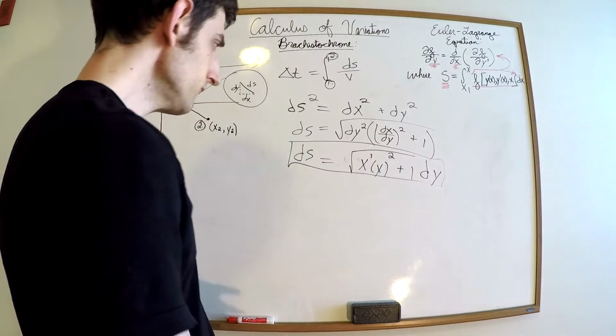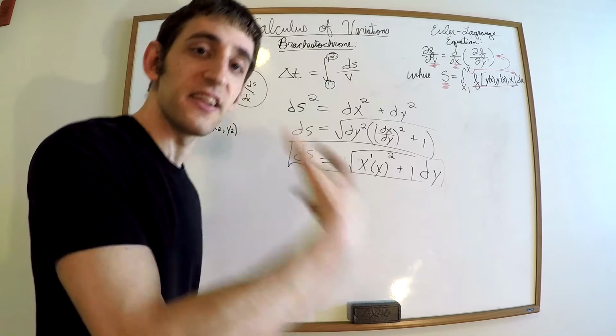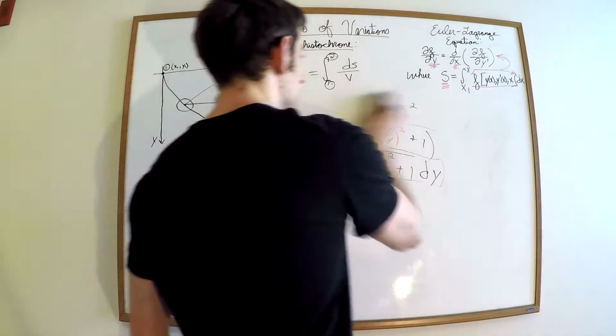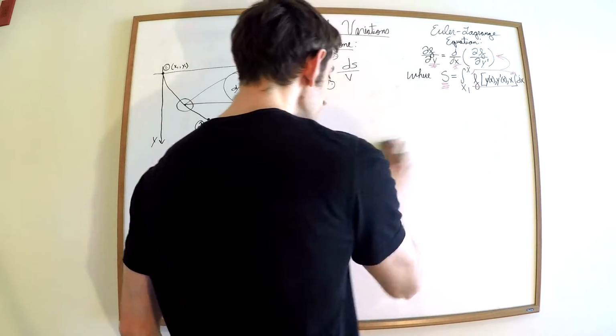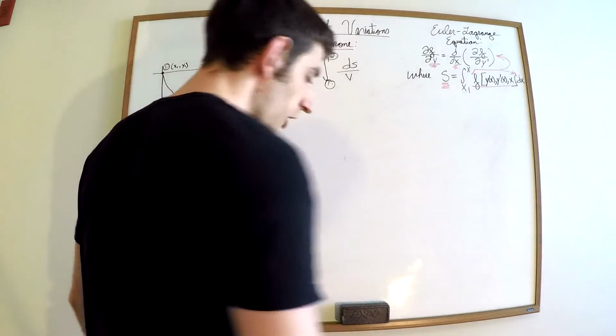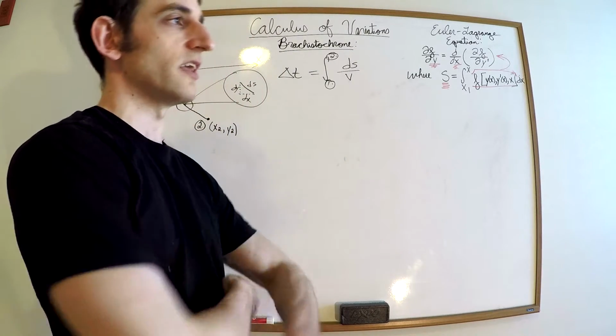Now, we have to figure out how to calculate the v at each infinitesimal point along this curve. I'm just going to erase this to get some more board space. How do we do that? Well, we need to actually go back to our physics, okay? So how can we relate position to velocity?